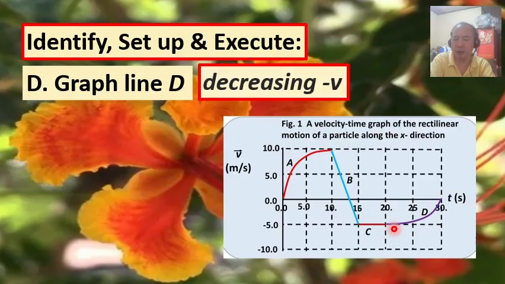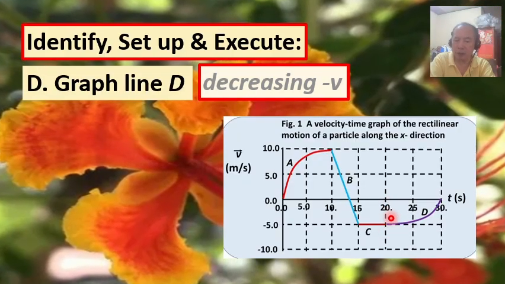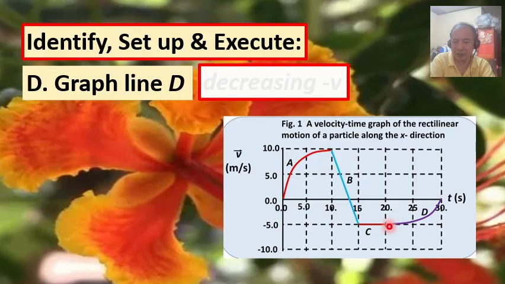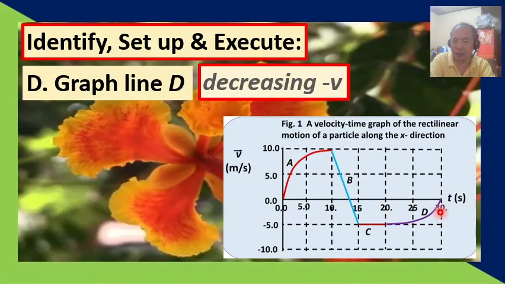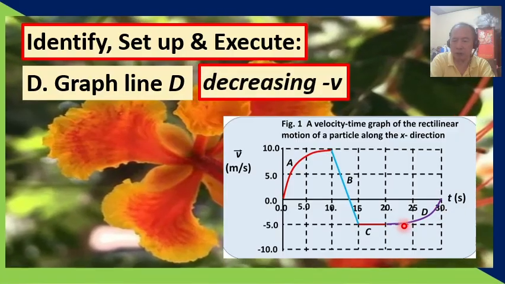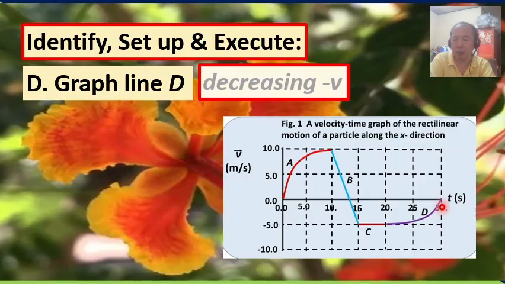Negative 5.0 meters per second. This is at initial time, 20 seconds. So as time passes between 20 seconds and 30 seconds, you'll notice that the graph line is sloping upward.